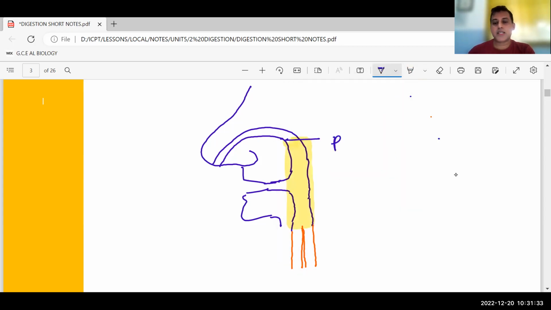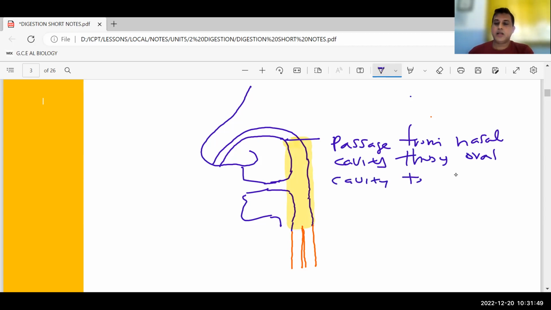We can say the passage from nasal cavity through oral cavity to the start of the esophagus is called pharynx.